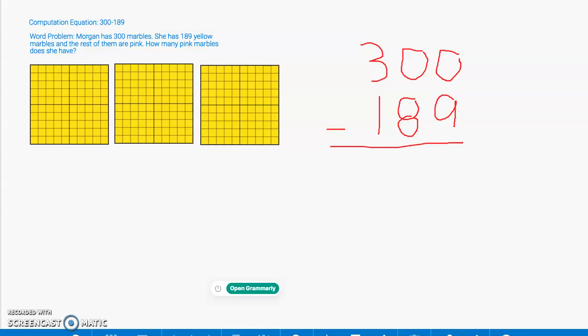So now we're going to start working at the ones place, but you can see that we cannot take away 9 from 0. So we don't have any ones at that place.